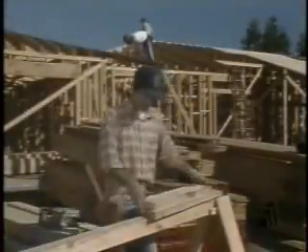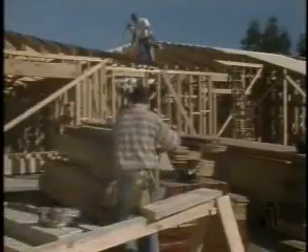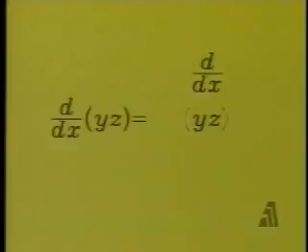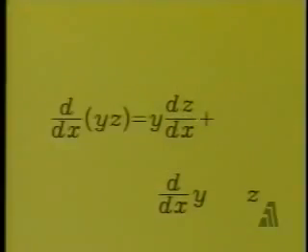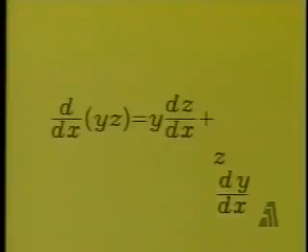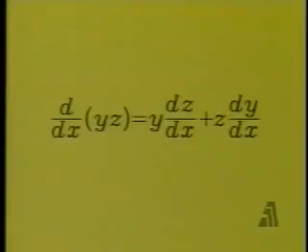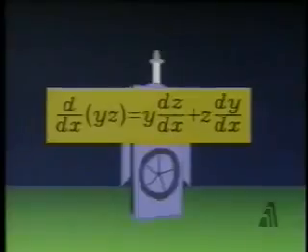Another handy tool is the product rule. The derivative of the product y times z is y times the derivative of z plus z times the derivative of y. Using this rule, it's possible to find the derivative of x squared.